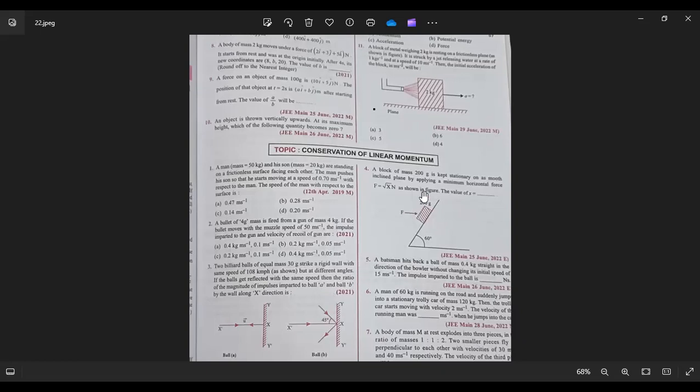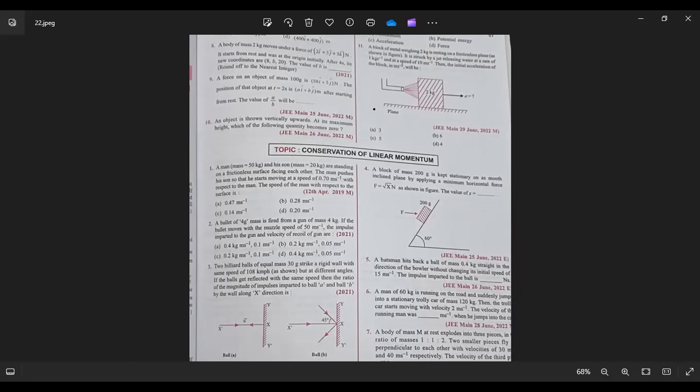It is struck by a jet releasing water at the rate of 1 kilogram per second at a speed of 10 meter per second. Then what is the initial acceleration of the block in meter per second square? Here the block is 2 kilogram. Now we will find the acceleration. This is a very easy question.